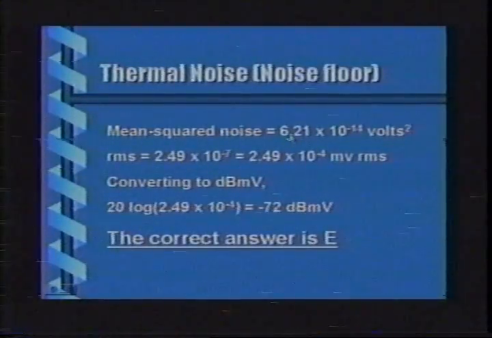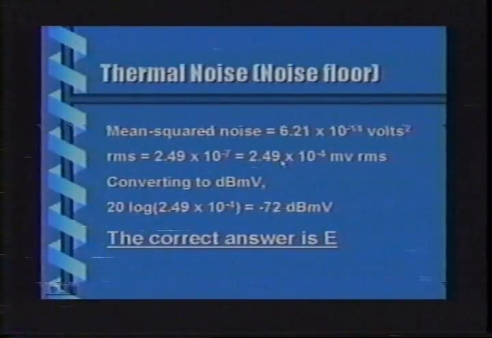Well, we want an answer in dBmV, so we calculate an RMS, root mean square value. That simply means take the mean square and take the square root of it. We take the square root, convert it to millivolts. In other words, 10 to the minus 7th divided by 10 to the minus 3 is 10 to the minus 4th.